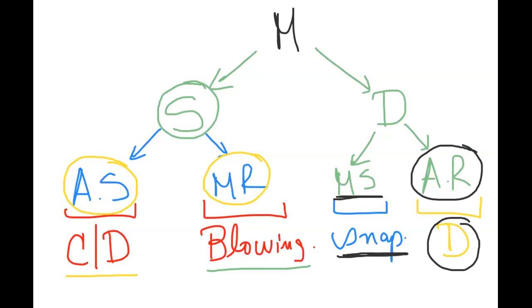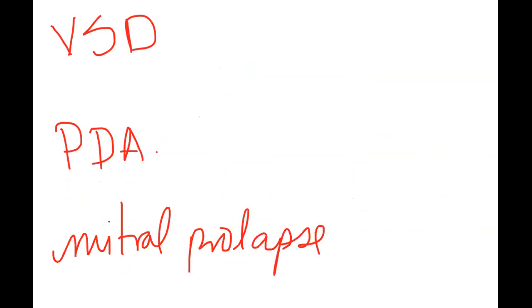And in a different slide, we are going to explain three more murmurs. Those murmurs are the ventricular septal defect, the PDA, and mitral valve prolapse.